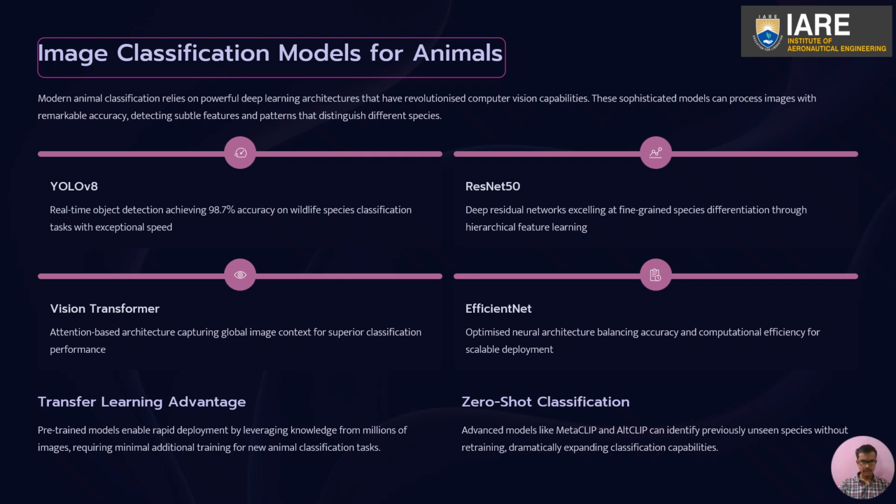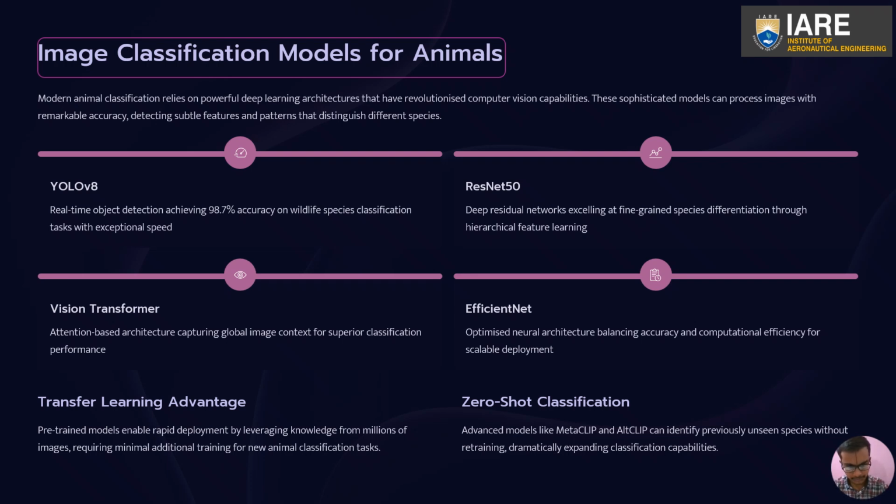First model is YOLO V8. It is a real-time object detection model which achieves 98.7% accuracy on wildlife species classification tasks with exceptional speed. ResNet 50. Deep residual networks excelling at fine-grained species differentiation through hierarchical learning.